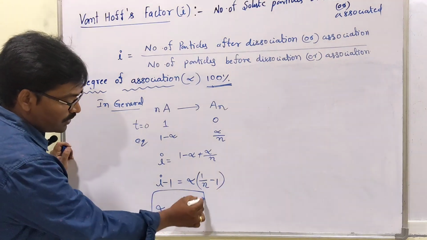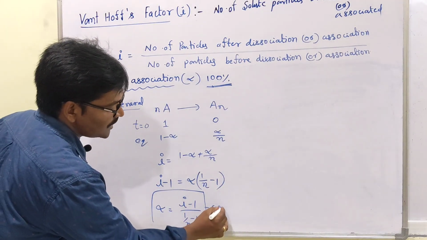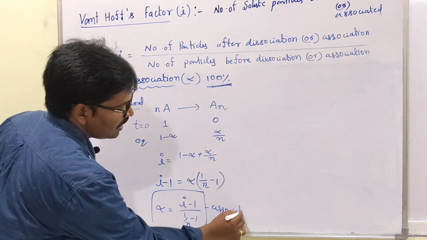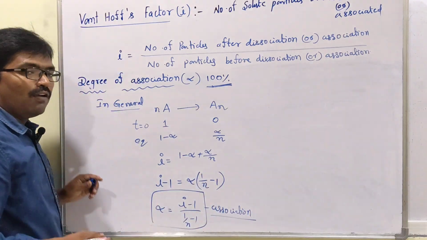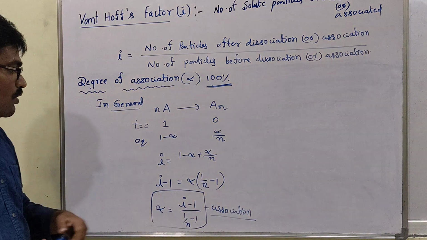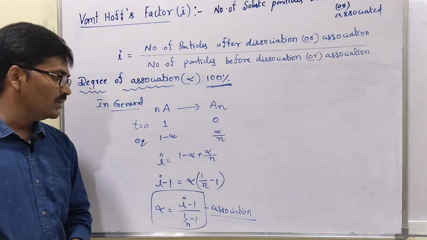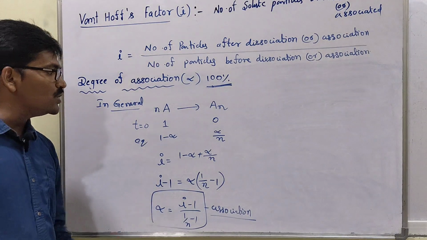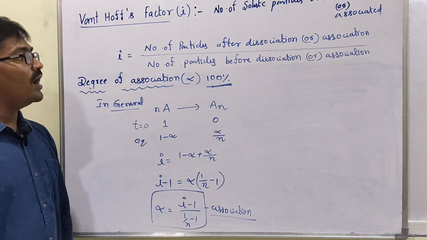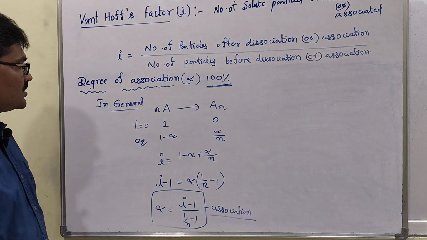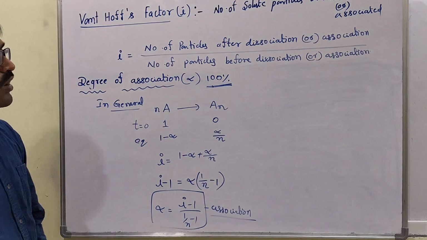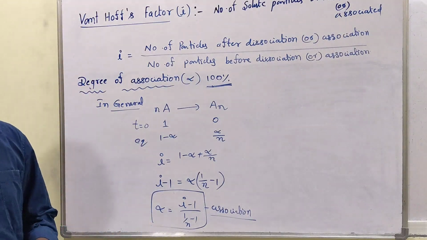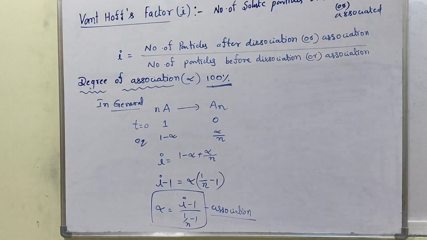So this is for association. You can find the alpha value using the van't Hoff factor, and you can find the van't Hoff factor using alpha. So you have to remember what type of questions they ask based on this in general. We'll do some questions based on it.